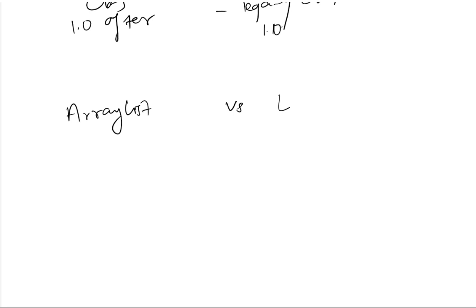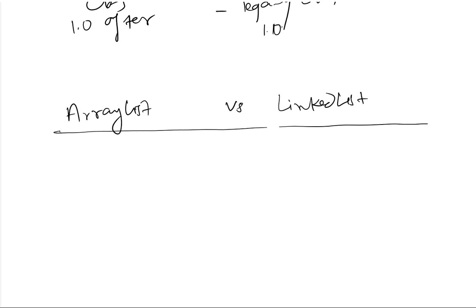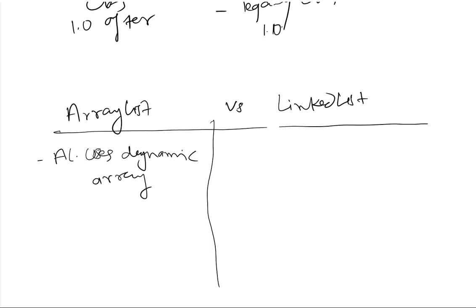See, the first point I would say, ArrayList uses a dynamic array, whereas LinkedList uses a doubly linked list.